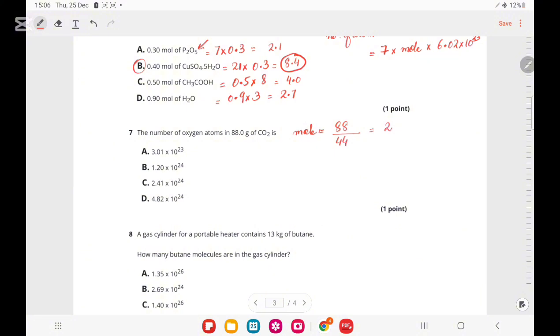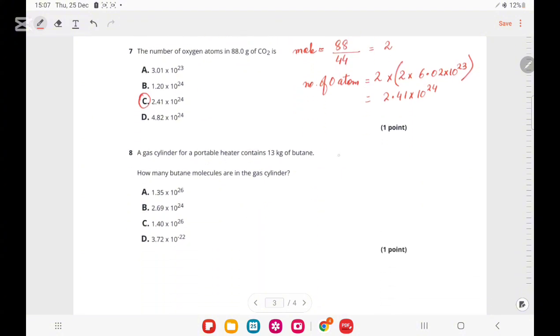In order to find the number of oxygen atoms in carbon dioxide, I'm going to multiply the moles times Avogadro's number, but here we have 2 oxygen atoms in 1 mole of carbon dioxide, so I have to multiply this with 2. So the final answer comes out to be 2.41 times 10 raised to power 24. So the right answer is going to be C.